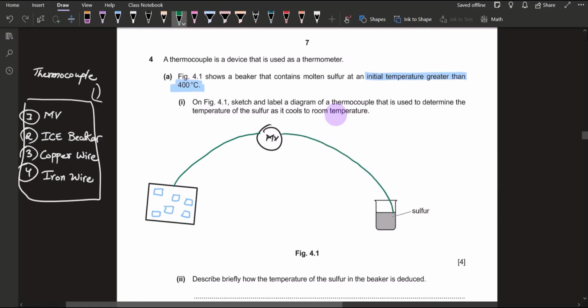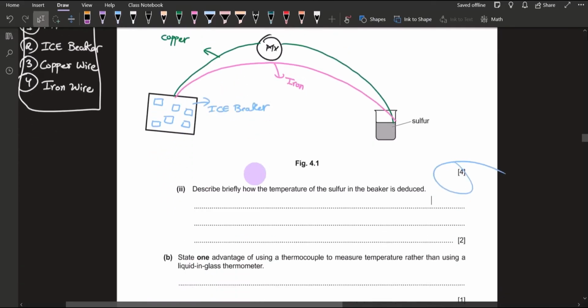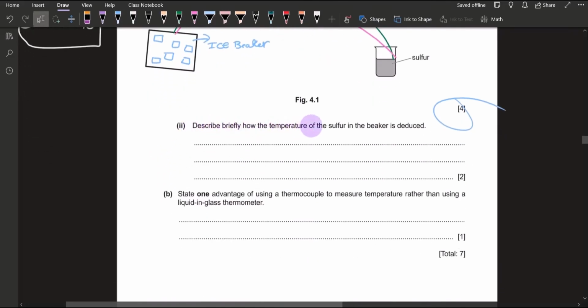And the second wire is going to be our iron wire, which is going to connect from the ice beaker directly to the sulfur. And we can label this as well. So this is copper and this is our iron wire, and we have our ice beaker here, and we'll get 4 marks for this.